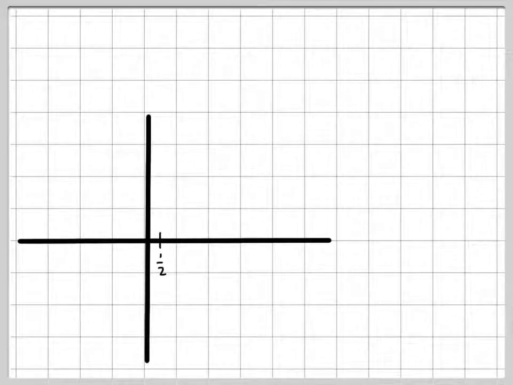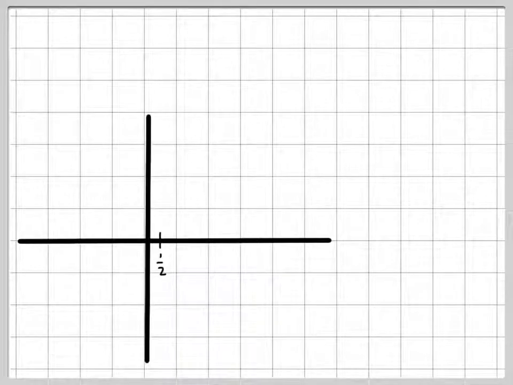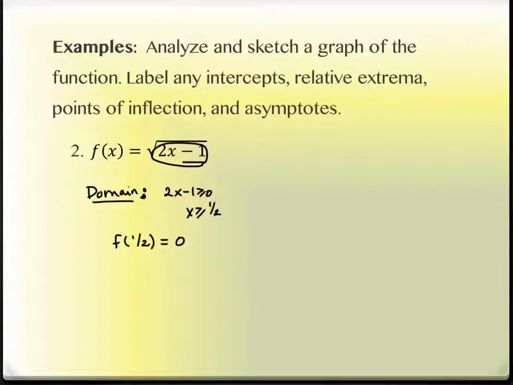In particular, if I have the x value of 1/2, what is f of 1/2? It's 0. If I plug in 1/2, I get 0 underneath the square root, and the square root of 0 is 0. So that's actually an intercept.